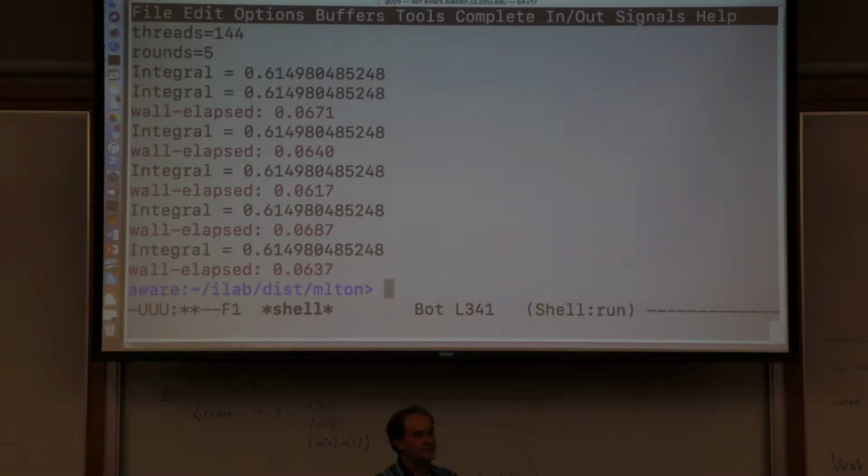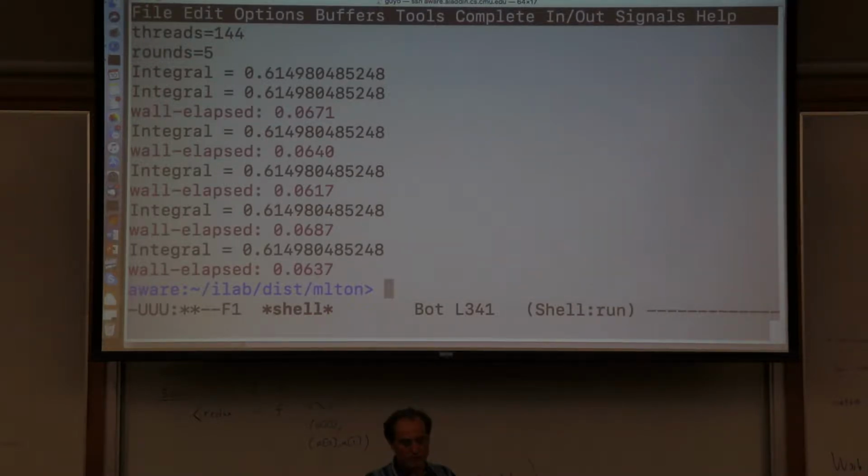Why is it getting 73 when it only has 72 cores? Can someone tell me? Does someone know something about these machines beyond the number of cores? Not caches. These are hyperthreaded cores, so they have 2 threads each. So it's 144 threads. Now having 2 threads each doesn't help you by a factor of 2 because they're all contending, they share registers, they share arithmetic units.